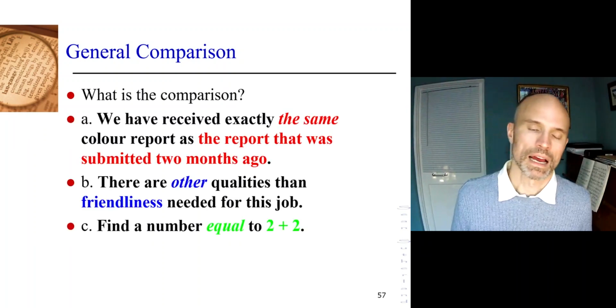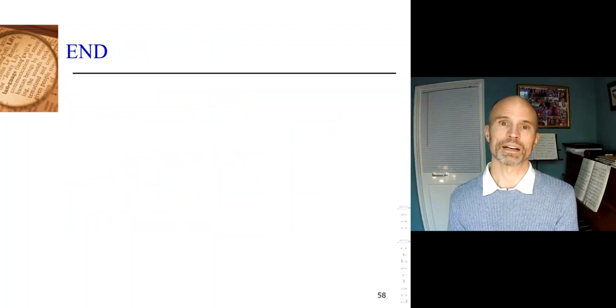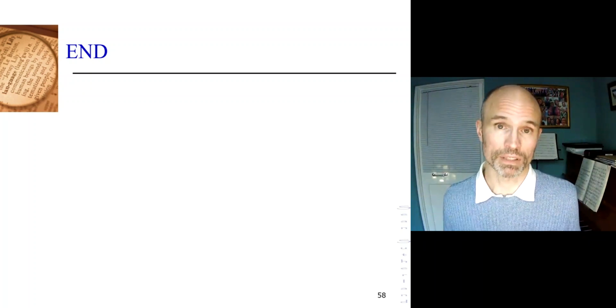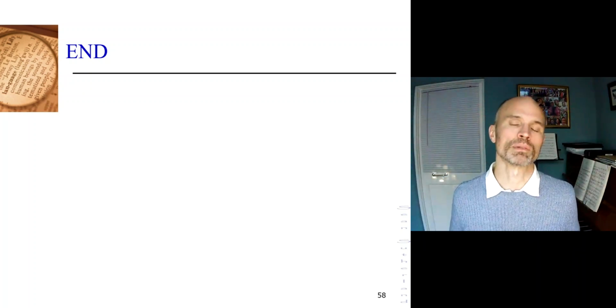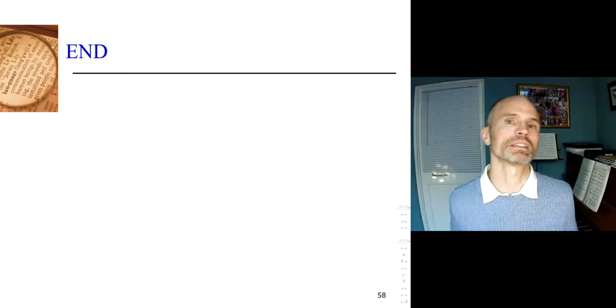So, that's the end. I know there are a lot of concepts there. Starting from the top and working your way down, you should have a picture of reference. At the next level, you should be able to remember personal, demonstrative, and comparative reference.